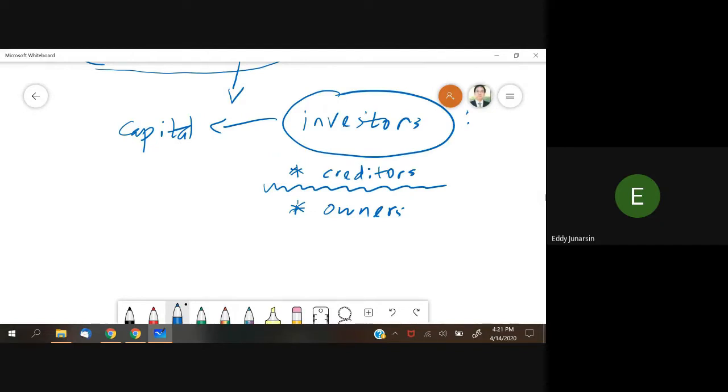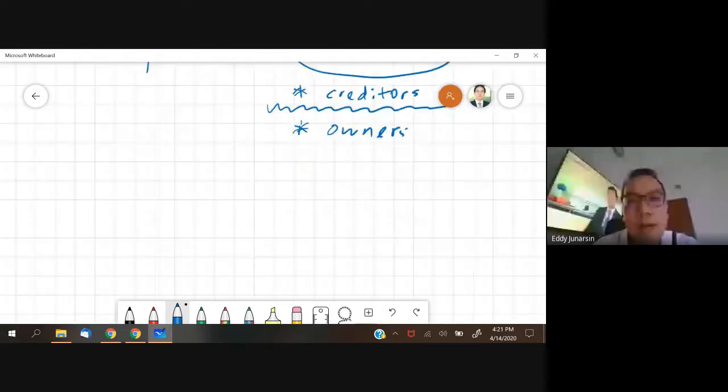So they don't give the money for free, because there are possibilities that the people who give money to a certain entity might not ask something in return.